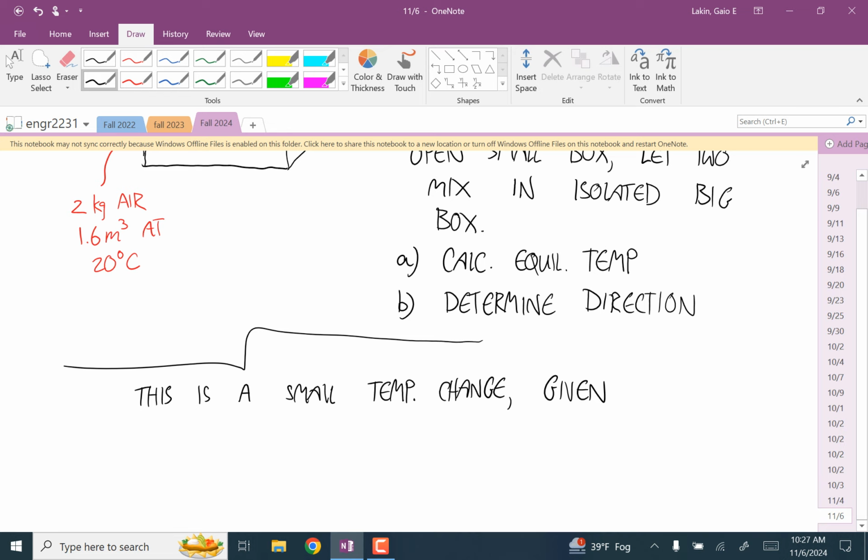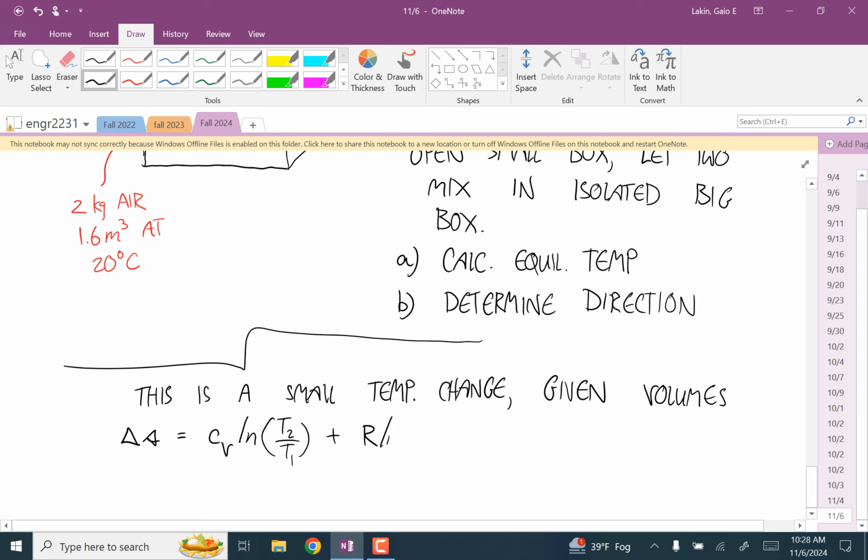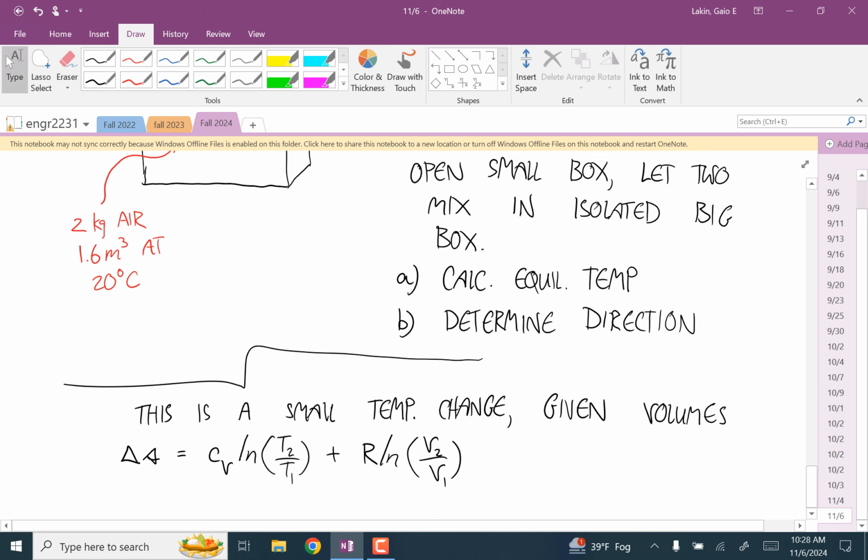But since we're given volumes, we might as well use the equation that says delta S is equal to CV natural log of T2 over T1 plus R times the natural log of specific volume 2 over specific volume 1. First, we just have to do the energy stuff.